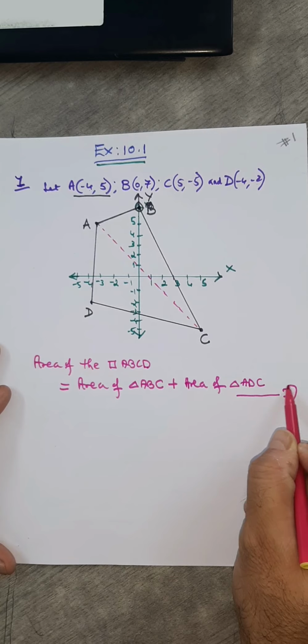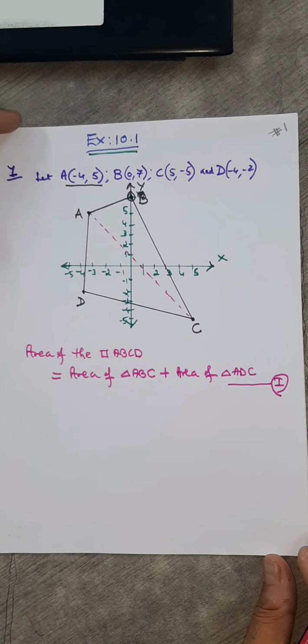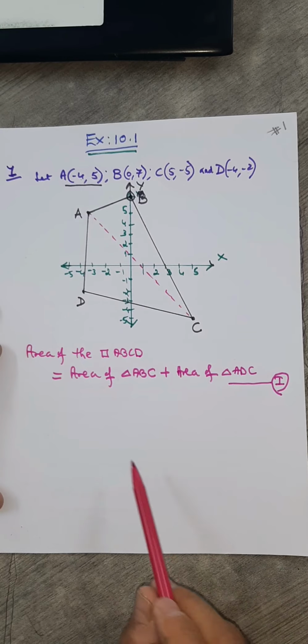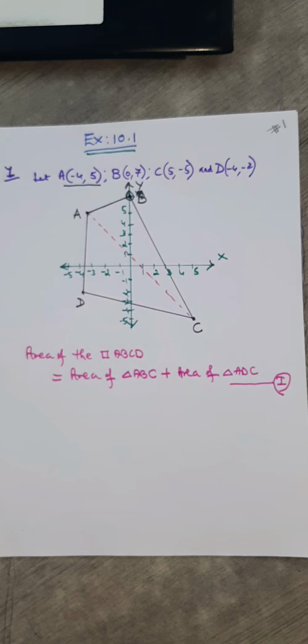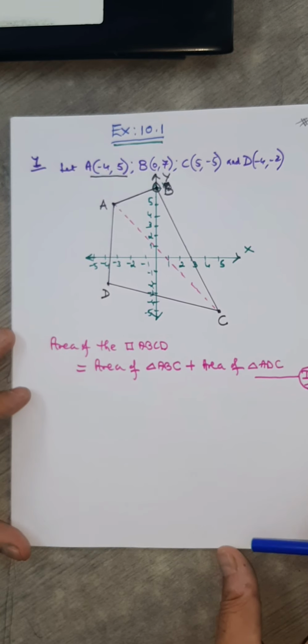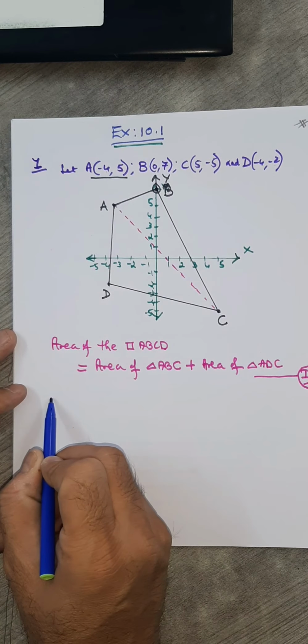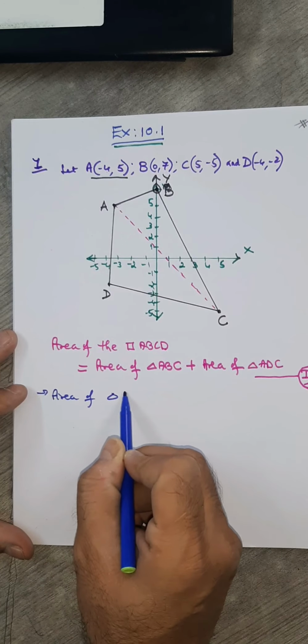We call this as equation number 1. What we do now? You did such things in 10th standard. You get the area of triangle ABC. In the theory, we already stated the formula. Fine. And from there, you can find the area of a triangle. So let's do that. Now we find the area of triangle ABC.